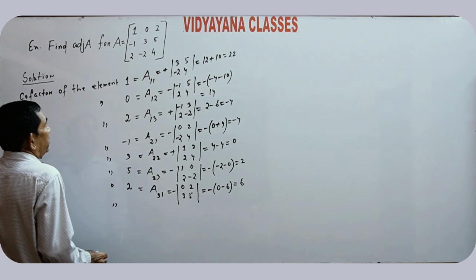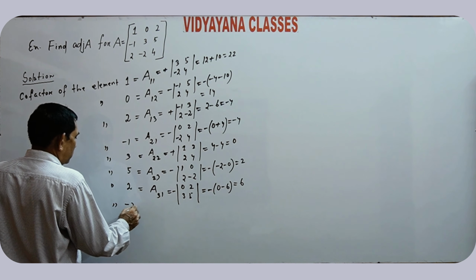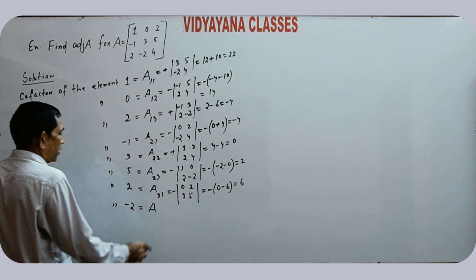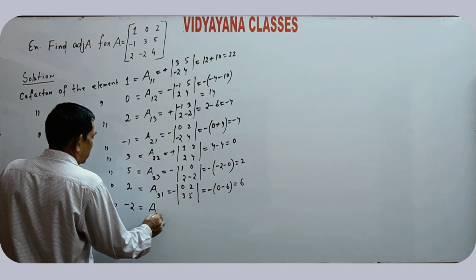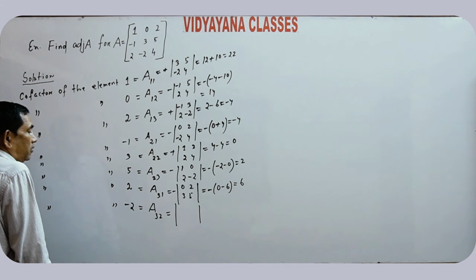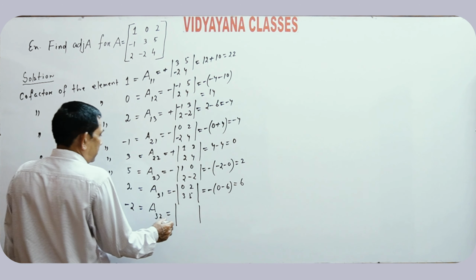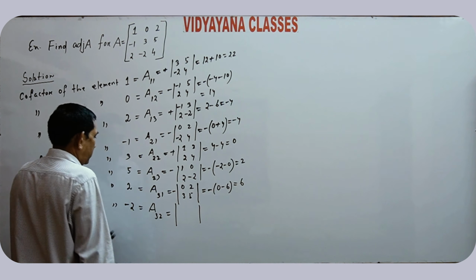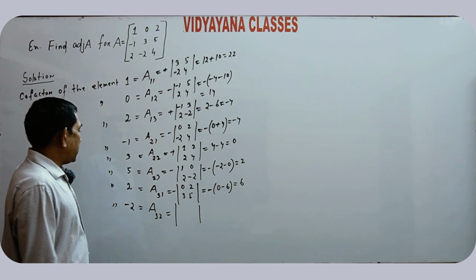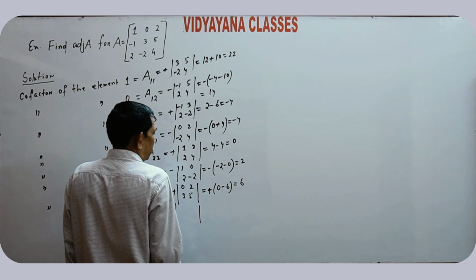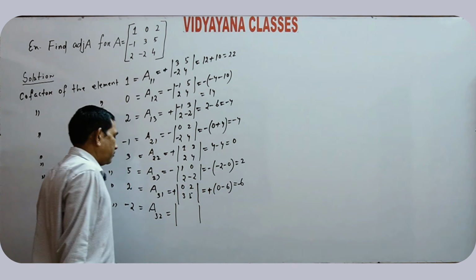Cofactor of the element minus 2, the element of third row, second column. Its sign is negative. A31, its sign is positive, so it is positive. Minus 6.